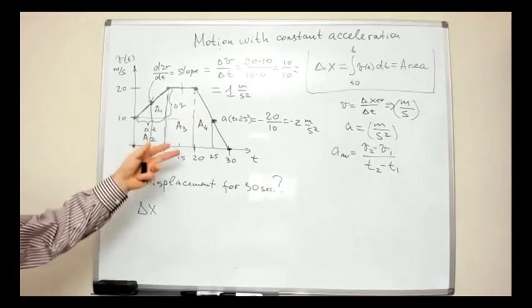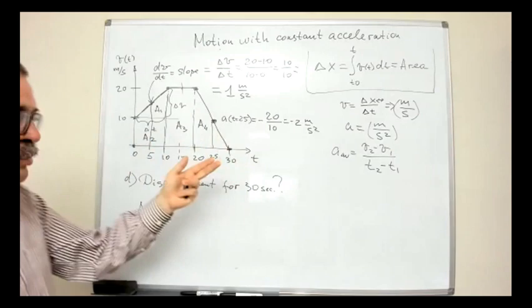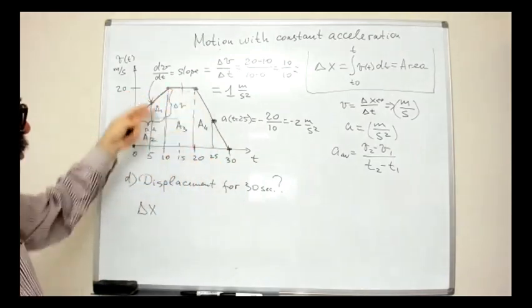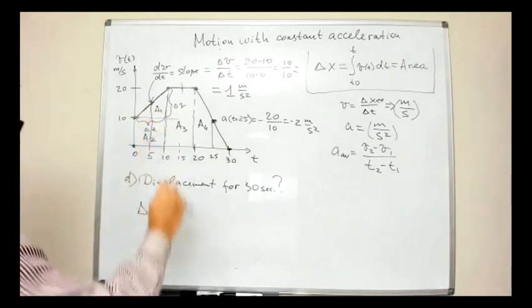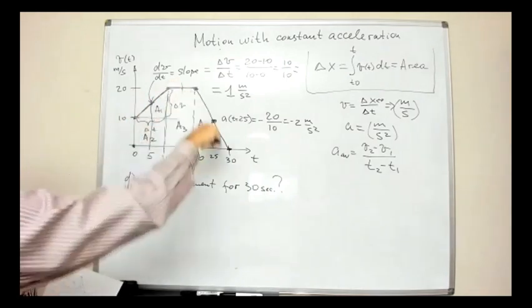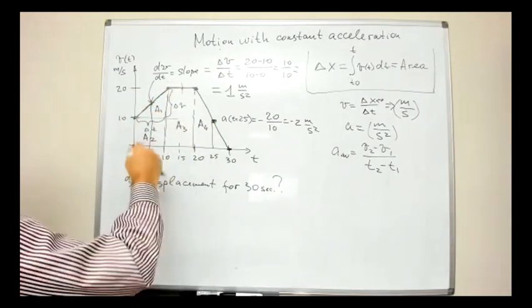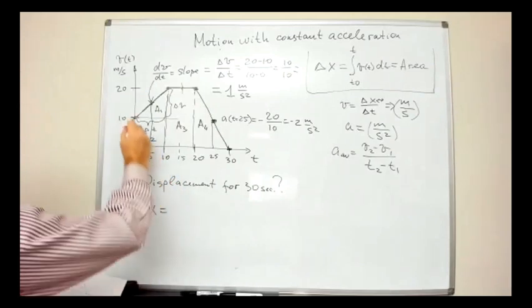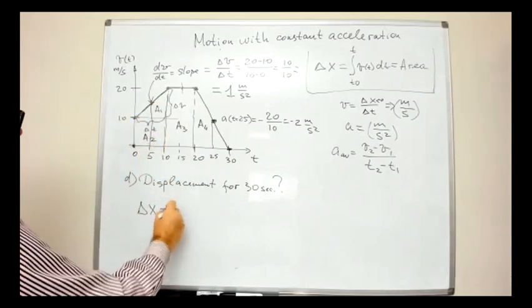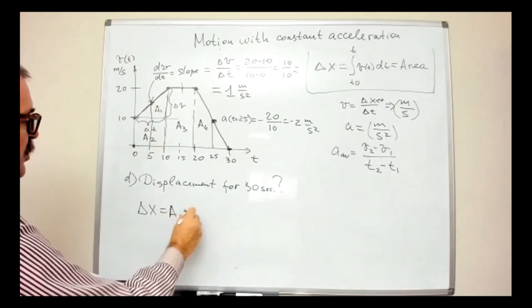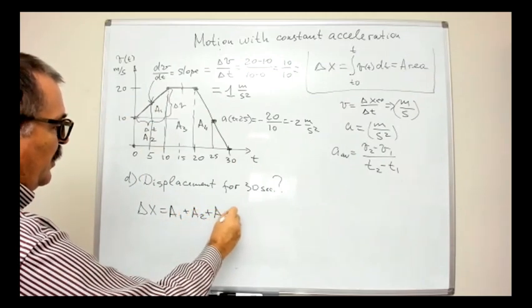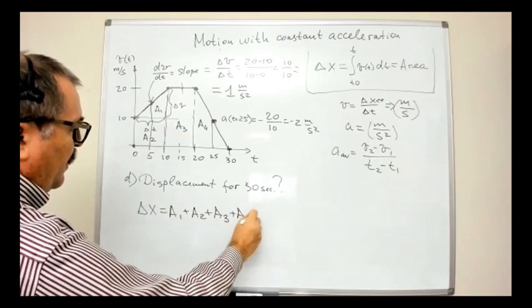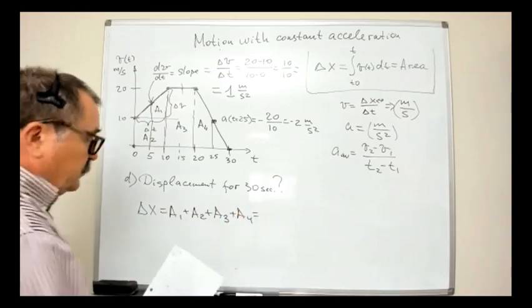Or if you know some other approach to get this area, you can use it. So I'm just disassembling this total area into 4 pieces, and for each piece I can easily write the area. So the total displacement is the sum of these 4 areas. Now let me write.